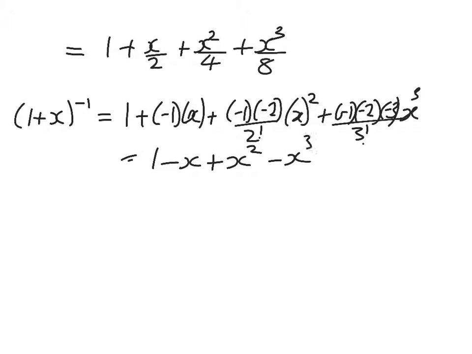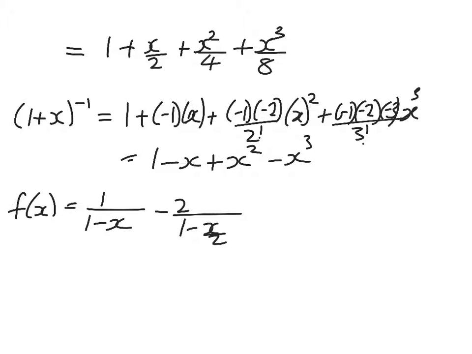So there we go. So now we've got the 3 separate worked out expansions, but what we needed was f of x. So f of x was equal to 1 over 1 minus x minus 2 over 1 minus x on 2 minus 2 on 1 plus x. So we need to put them all back together now.